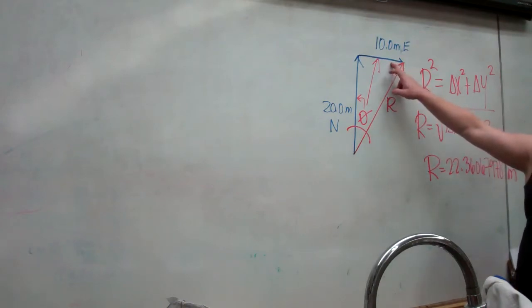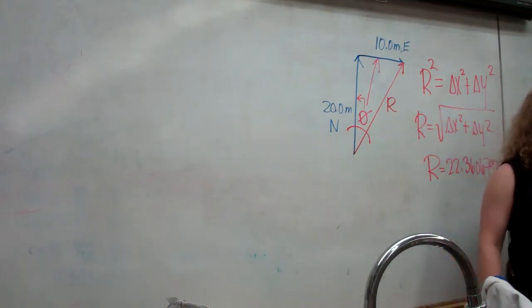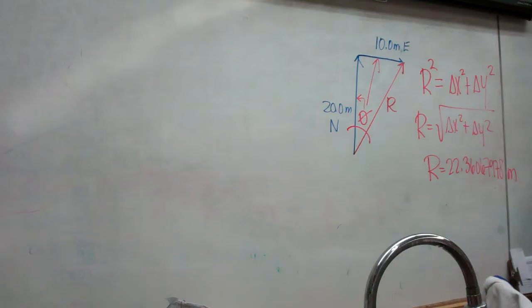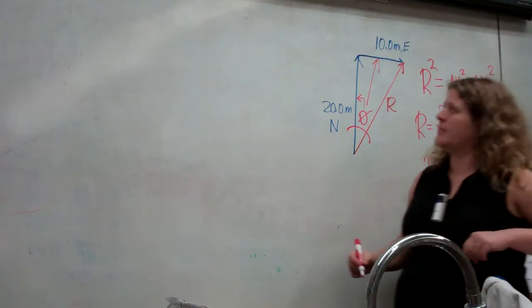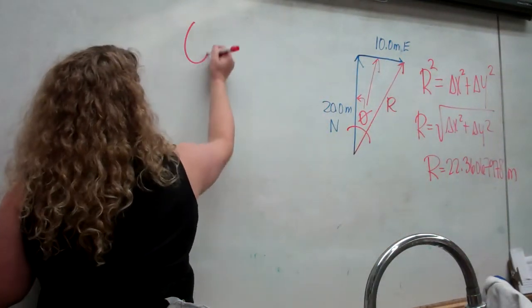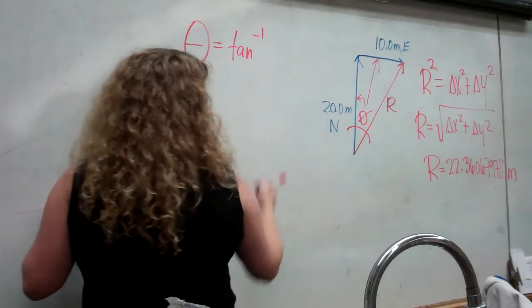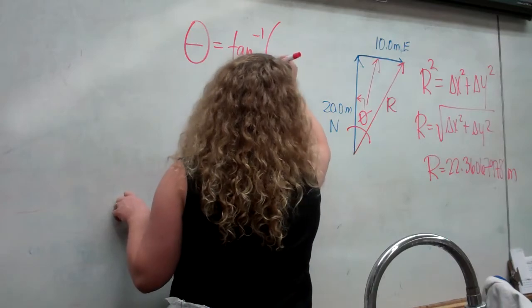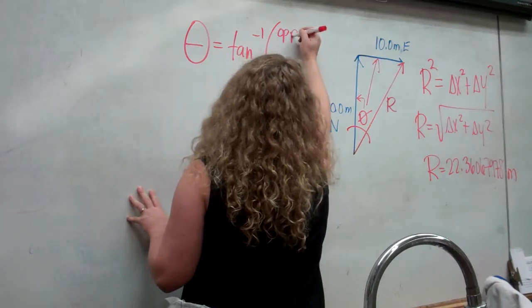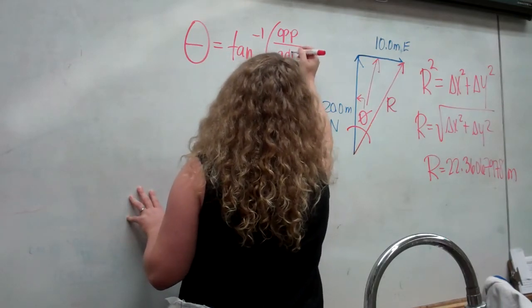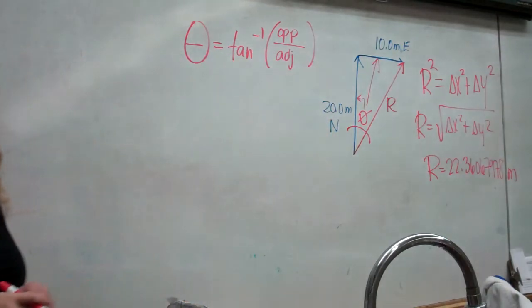So how can we find this angle? Well, we've got the opposite side, we've got the adjacent side. So we can take the inverse tangent. Angle theta will equal tan minus 1 of the opposite over the adjacent.